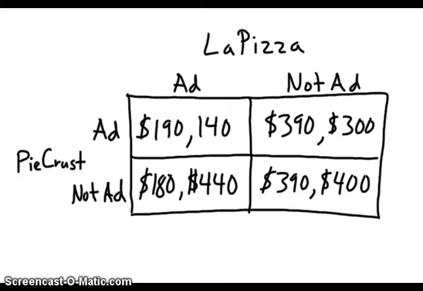So the new values would be as shown here. Again, you only make the $60 adjustment to the payoffs where either Pie Crust or La Pizza were advertising, and you leave those payoffs that were for not advertising the same as they were before. And that's it.